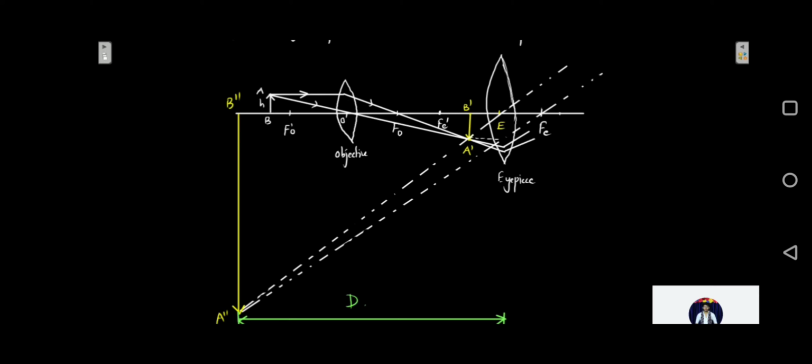when these are going to meet at the same point, that is this point, like this, again these are going to be your dotted lines. It's tough to draw the dotted lines now. So these are going to be your dotted lines again. These are the rays which are going to converge behind.